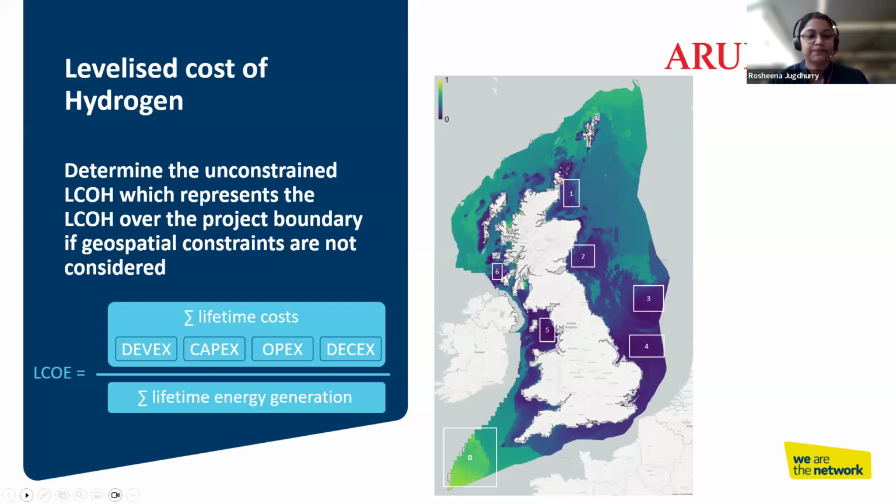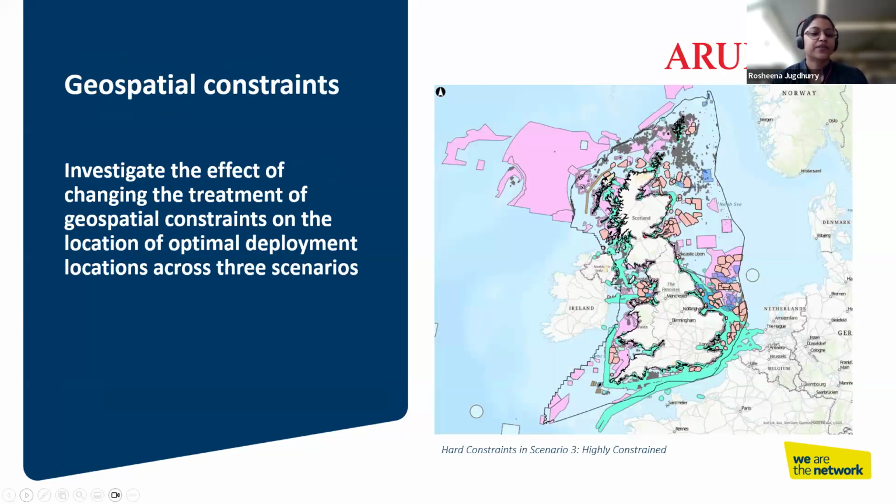Next one, please. And the second step was to investigate the effect of changing the treatment of those geospatial constraints on the location for optimal deployment across the 3 scenarios that we analyzed. In each scenario, the geospatial constraints were either treated as hard, soft, or they were simply not considered.